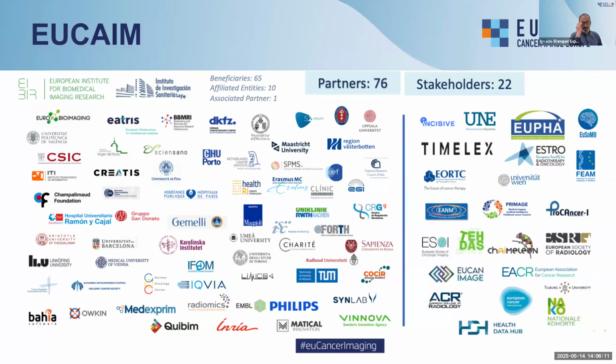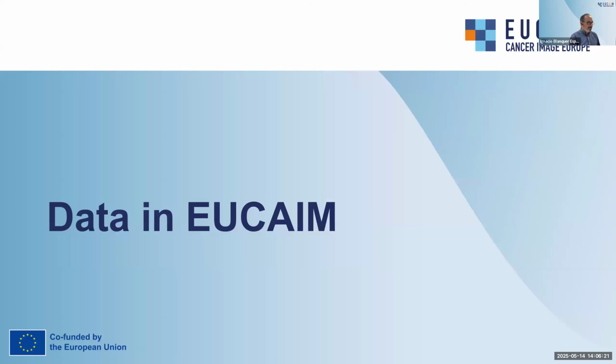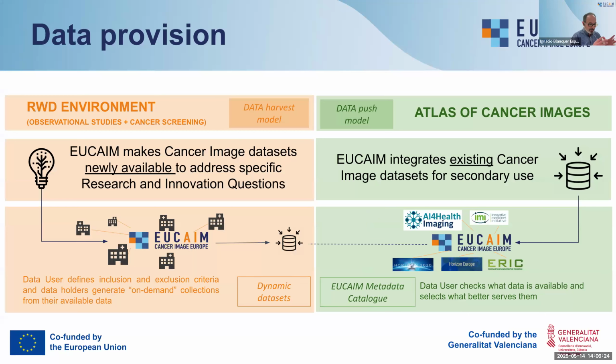So basically, EUCAIM is a very big project with 76 partners at this moment, but it will be more than 90 once the new amendment is signed. It is aiming to have a federated infrastructure for sharing data related with cancer imaging.